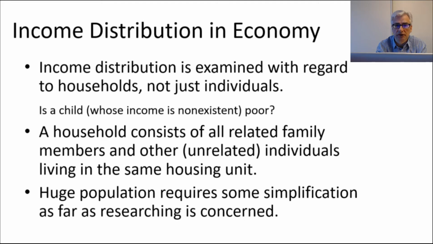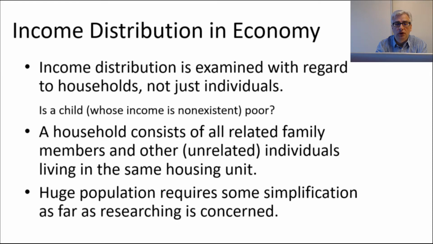Obviously, it depends on the income of the household. So, a household is all related family members and other individuals living in the same housing unit, under the same roof, you could say. This is our new unit, a household.